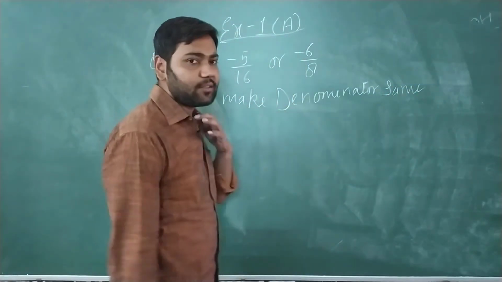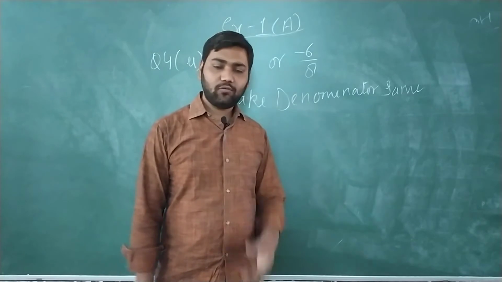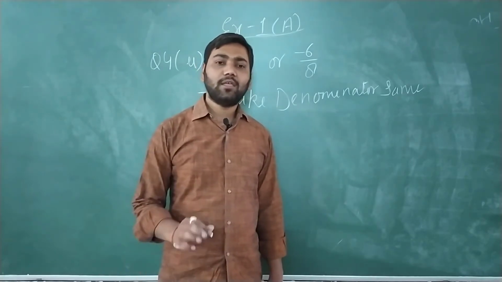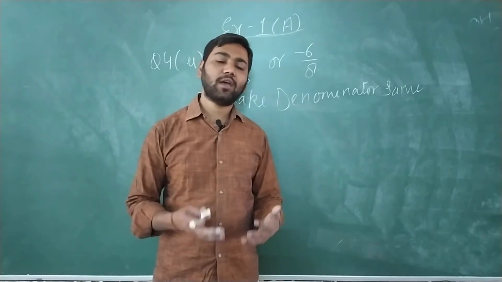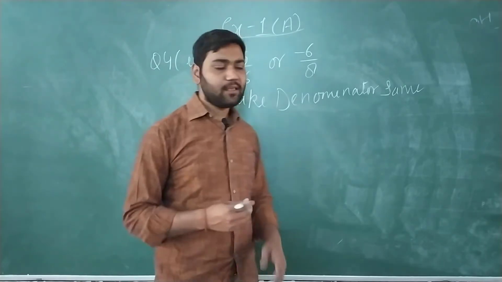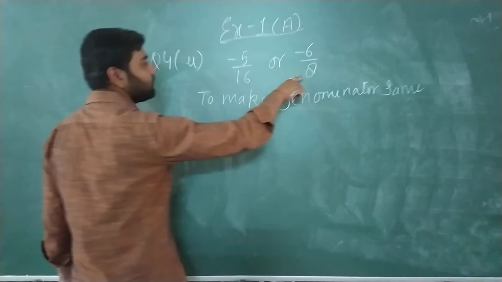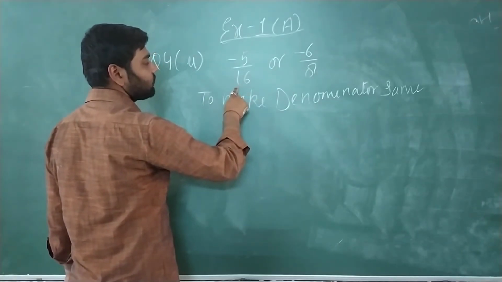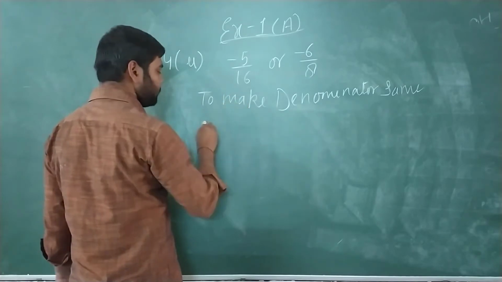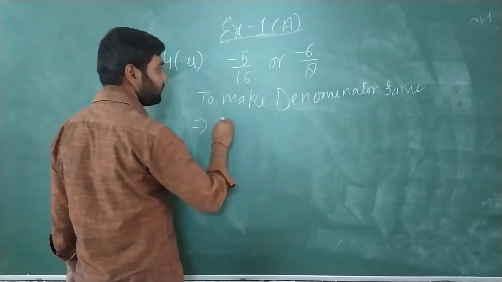If you make the denominator the same, then things become much easier for you and the question can be solved very easily. Now see here, we have minus 6 by 8 and minus 5 by 16. So how will we make the denominator the same?